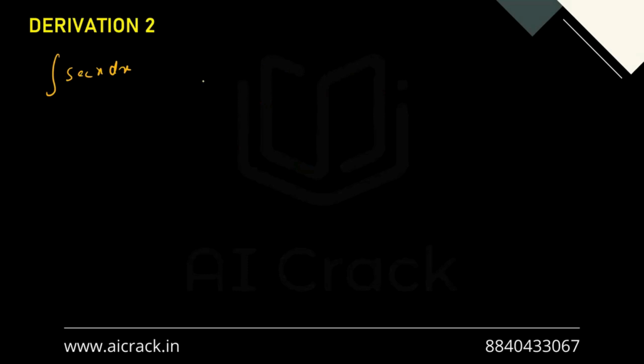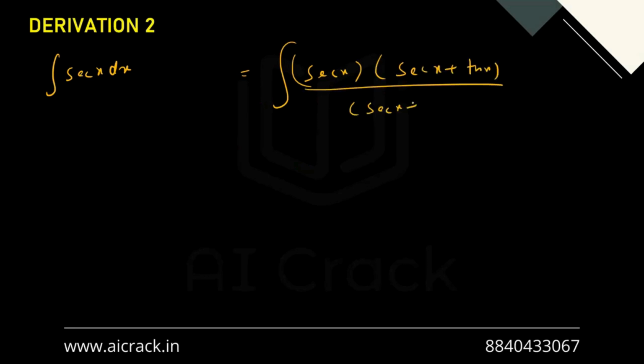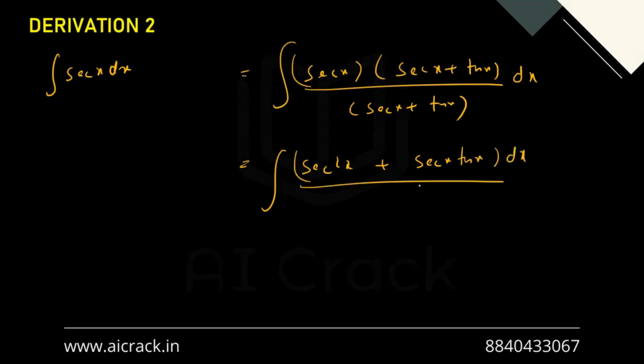So let's do one thing over here. Let's multiply and divide with sec x plus tan x in this entire integral. So we'll be getting integral sec x multiplied by sec x plus tan x divided by sec x plus tan x, dx. Now if you multiply this out, we'll be getting sec square x plus sec x tan x, dx, divided by sec x plus tan x.